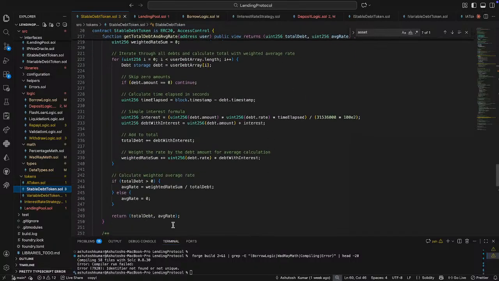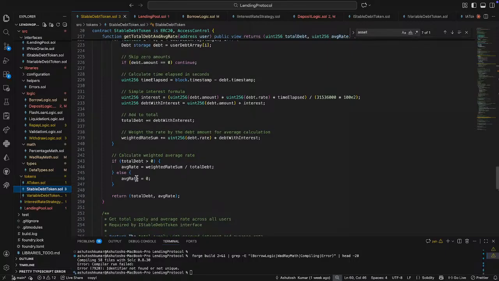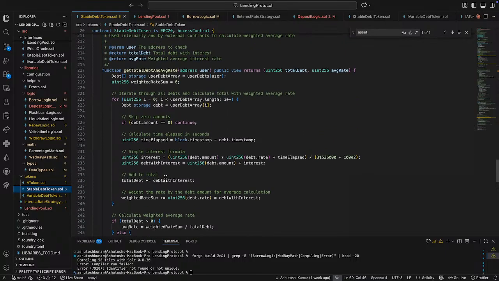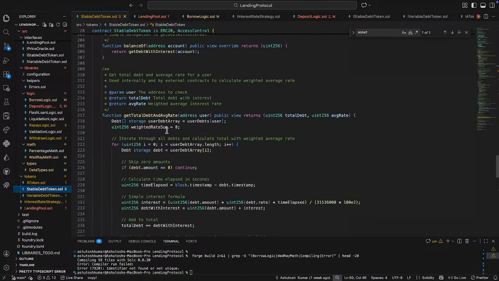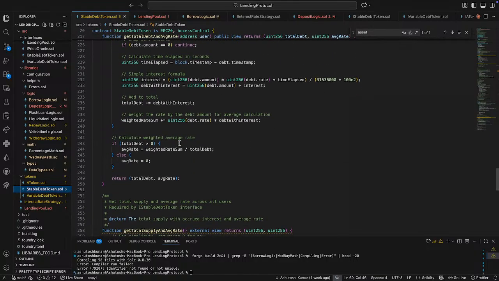Total debt is... total debt we are skip zero amount. Get total debt and average.